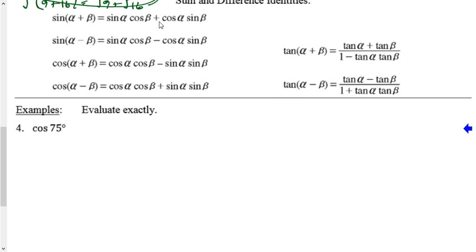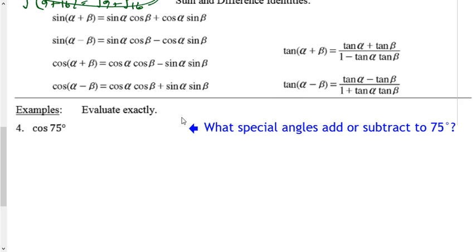Now, 75 degrees is not a special angle. It doesn't show up on the unit circle or in special triangles. So what we would do is look at the 75 and ask ourselves, what special angles add up or subtract to 75 degrees? And then we would rewrite the question.